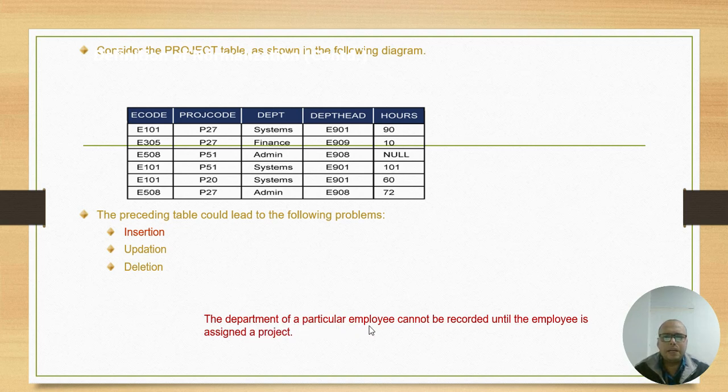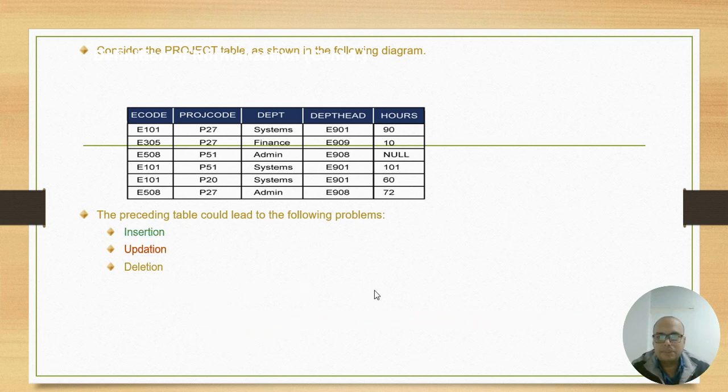The department of a particular employee cannot be recorded until the employee is assigned a project. Obviously, until I assign the project to the employee, I cannot insert the value in the table. Why are we using update? Once you want to update any data, suppose any department, hours, or any specific record in a table, I can use update. Suppose I want to delete any specific record from the table, I can delete as well.